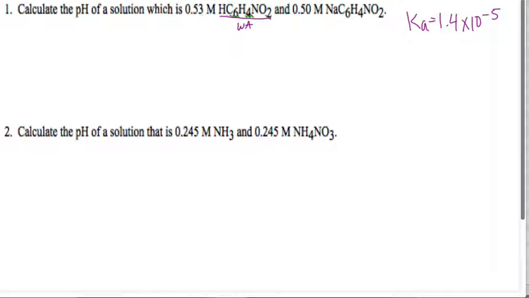Weak acid. What is this? It's a salt, right? But what does that salt contain? Do you see how, where are we getting strong from? No, the sodium's just hanging out. It's not doing anything. The sodium's actually just going to come off, leaving behind C6H4NO2-. What can you tell me about this in relation to that?